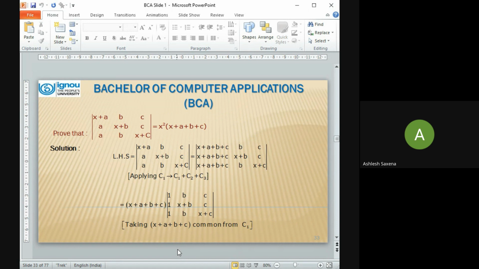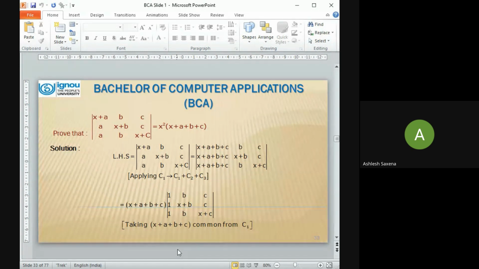Because if I get something common as x plus a plus b plus c by any operation or transformation, it will be easier for me to solve the problem further and I can easily get x square. So I simply thought, why not add all these elements?